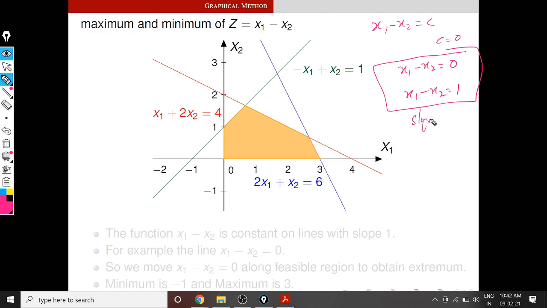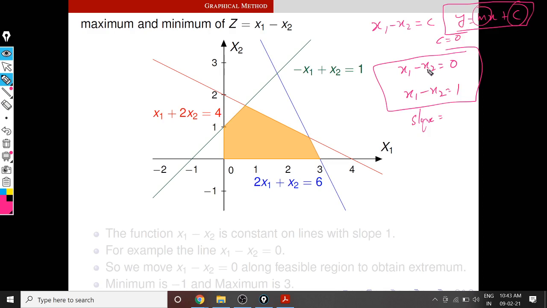It is 1. y equal to mx plus c is the general form of a straight line, where m is the slope and c is the y-intercept. So the slope is 1.